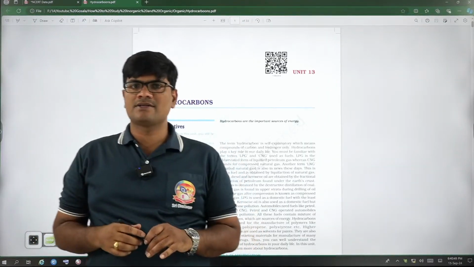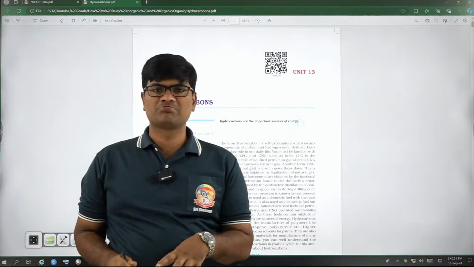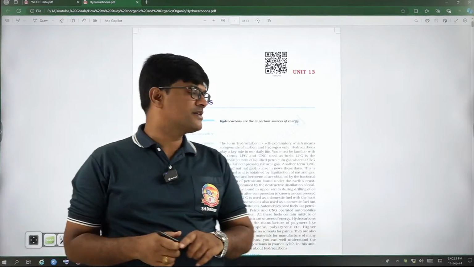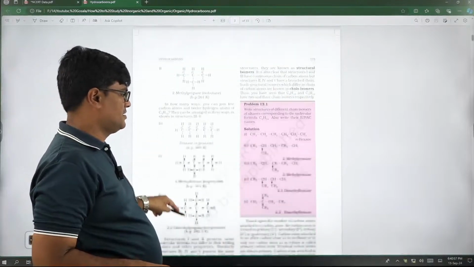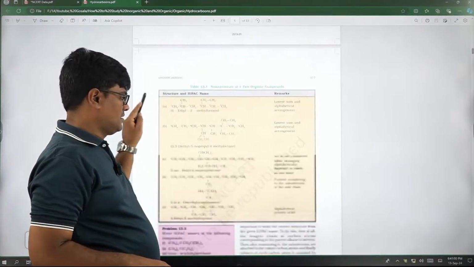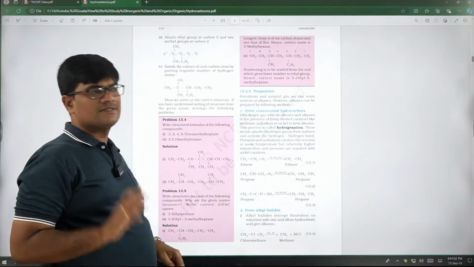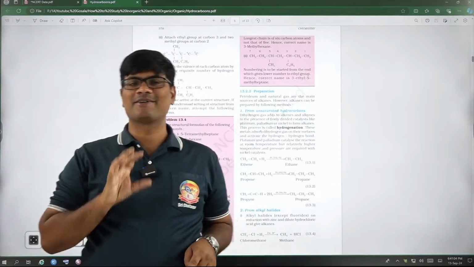The preparation methods of alkanes are not sufficient. We need to go through NCERT, but they are not sufficient. And what about properties? Yes, you can go through NCERT again, but they are not sufficient.